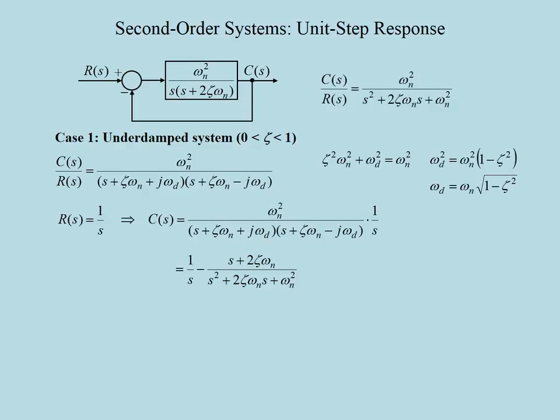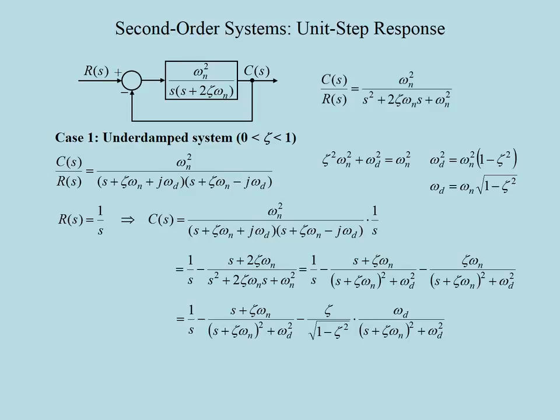To shape the second term as the Laplace transform of exponentially multiplied sine and cosine functions, we can first separate a complete square in the denominator and then arrange the multiplicative constants, which brings C of s to a form that is now easily inverse transformable by using the Laplace transform formulas for sine and cosine functions multiplied by exponentials.